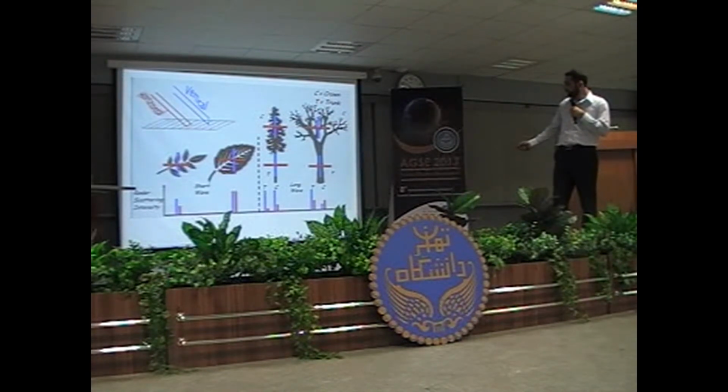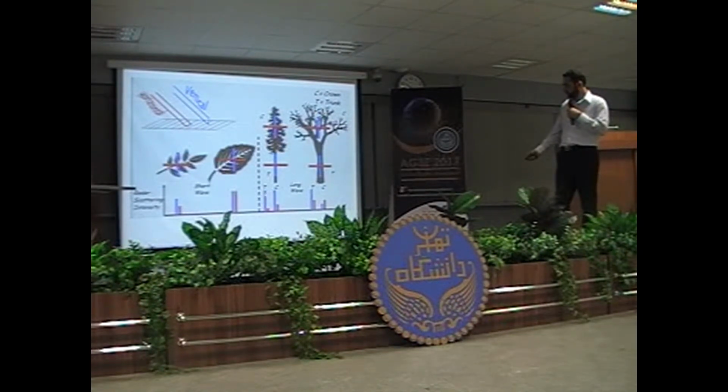The vertical one, as you see here, is the received amount of energy. The received energy for the canopy is higher in the vertical direction compared to the horizontal one. What about this trunk? Again, the vertical polarization will have a larger contribution compared to the horizontal one.